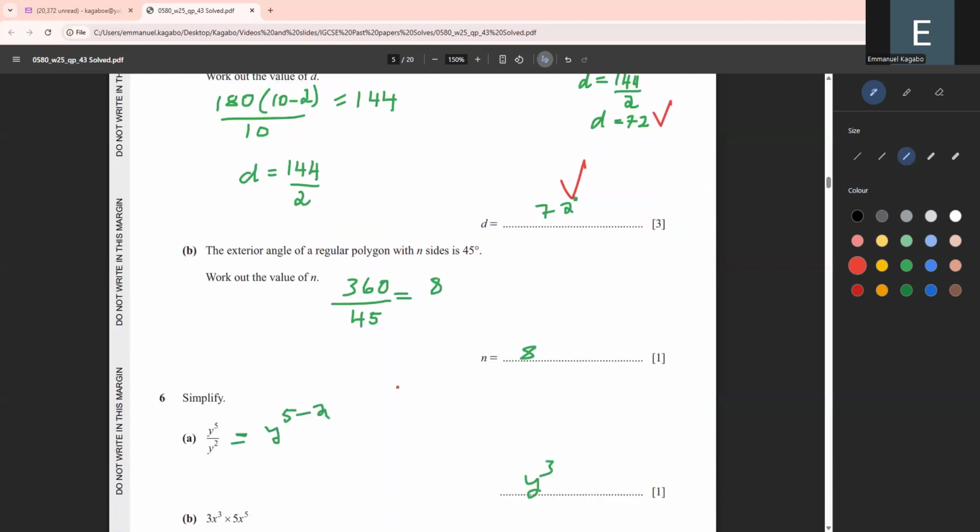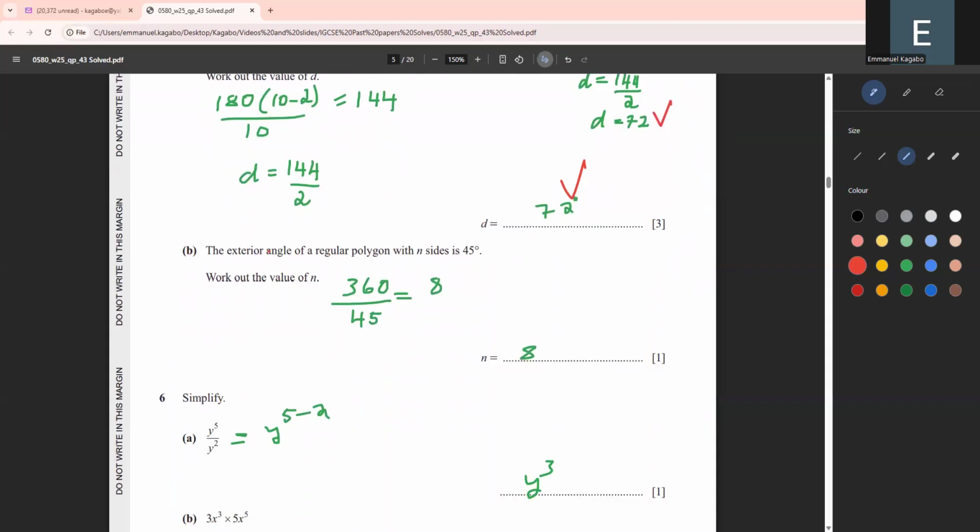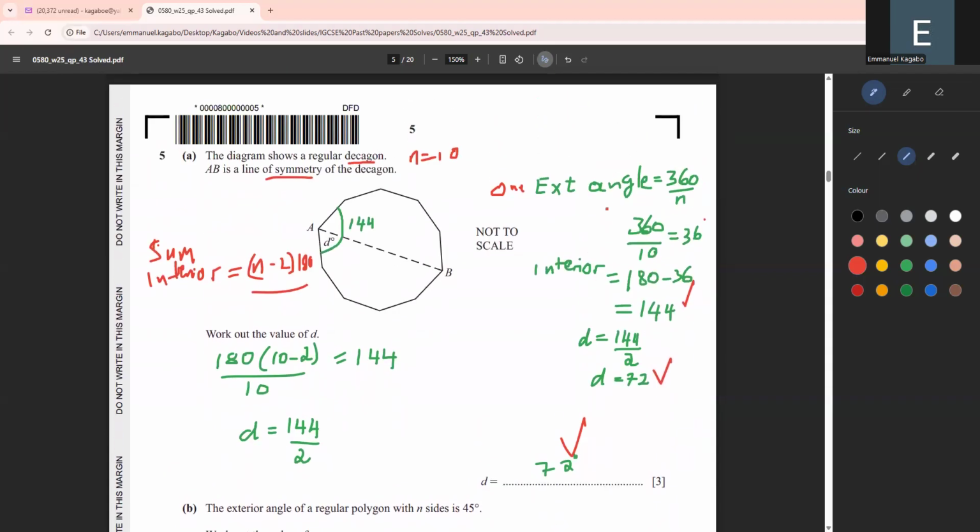Question D. The exterior angle of a regular polygon with n sides is 45. Exactly what I've been talking about. If you know this formula, it's very helpful. From the formula I wrote here, exterior angle is equal to 360 over the number of sides.